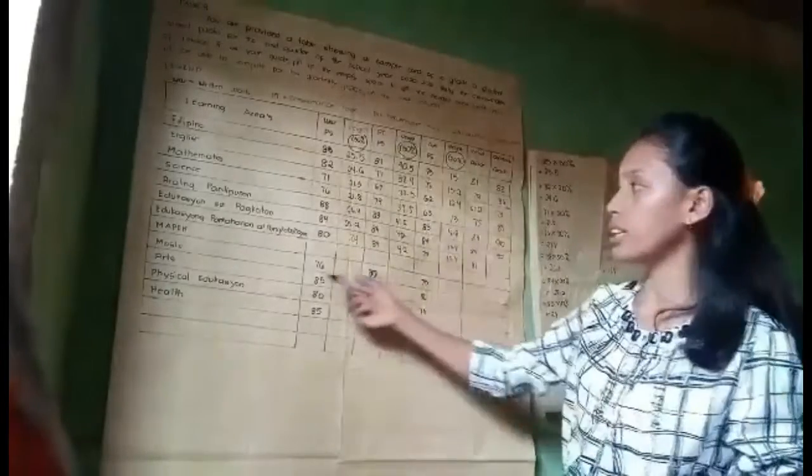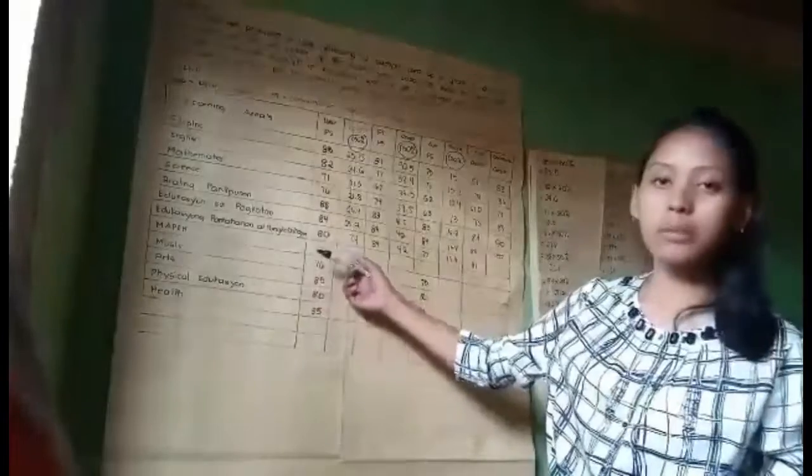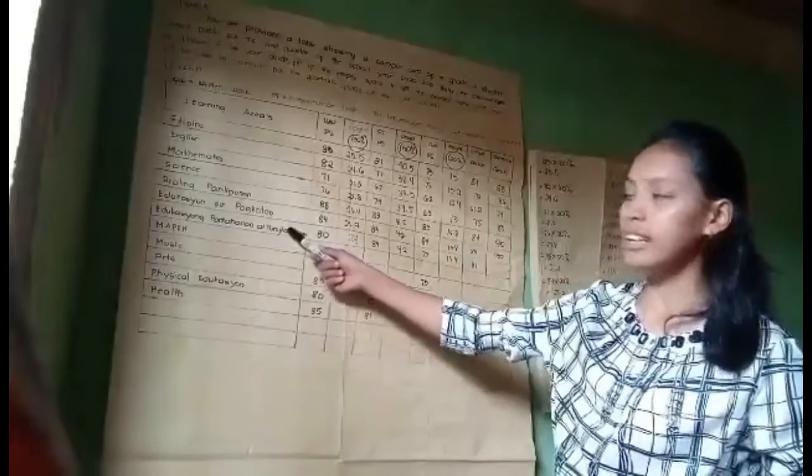So, our initial grade in Edukasyong Pantahanan at Pangkabuhayan is 81. So, the quarterly grade of this learning area is 88.